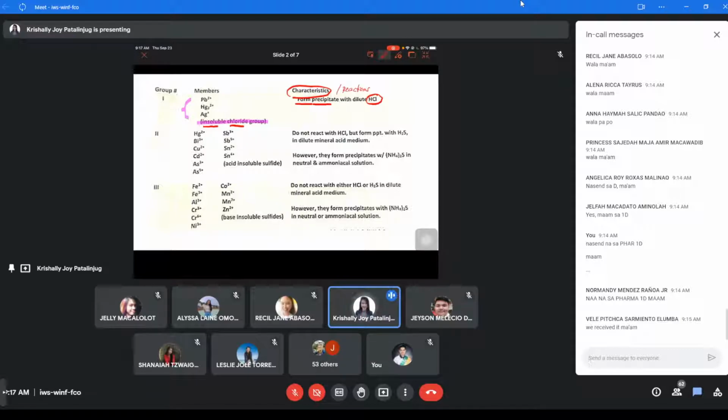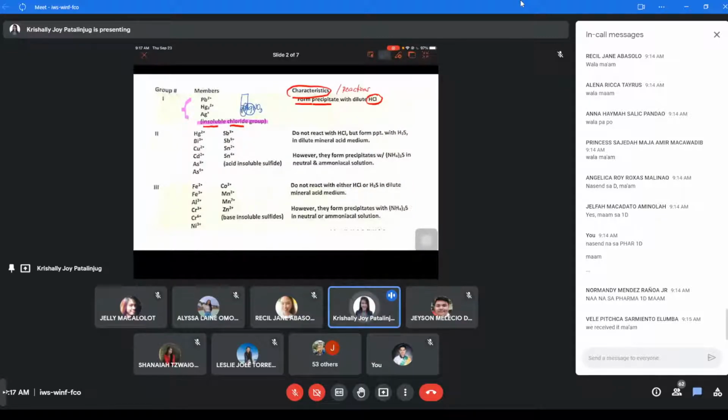So, I will give an example. Okay, let's say you have a test tube, and this is being added with silver nitrate solution. Now, you wanted to identify or confirm if silver is really the cation present in that test tube.